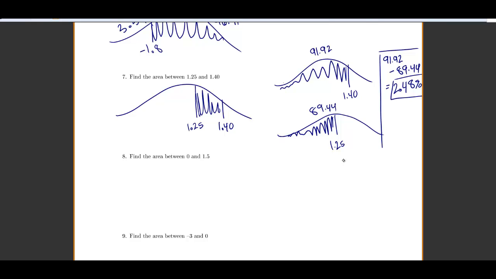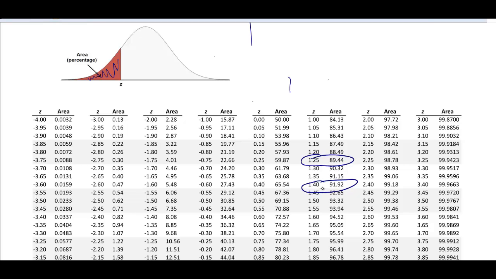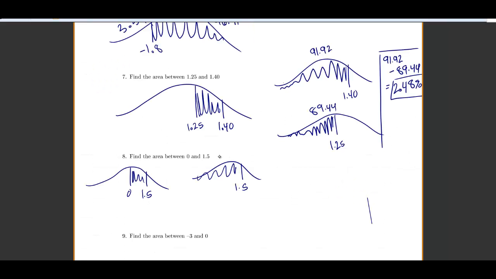So number 8, find the area between 0 and 1.5. So here's my 0, here's my 1.5, I want the area in between. Again, if I look up 1.5 on my table, that's going to give me the area all the way to the left. Here's my 1.5, that's 93.32. But I don't want the area all the way to the left.